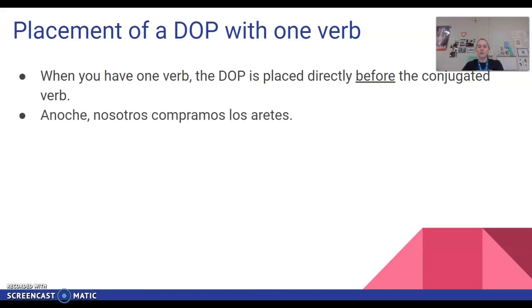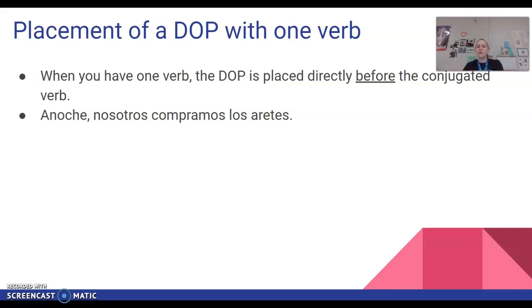So if I am looking at this sentence, anoche nosotros compramos los aretes. Last night we bought the earrings. And if I don't want to say the earrings, like last night we bought the earrings at JCPenney, last night we bought the earrings for my mom, and I don't want to say the earrings again, I'm going to replace it with them.